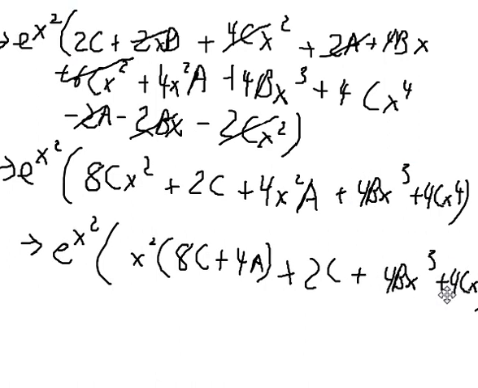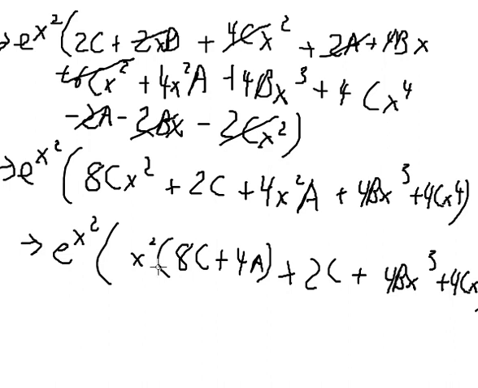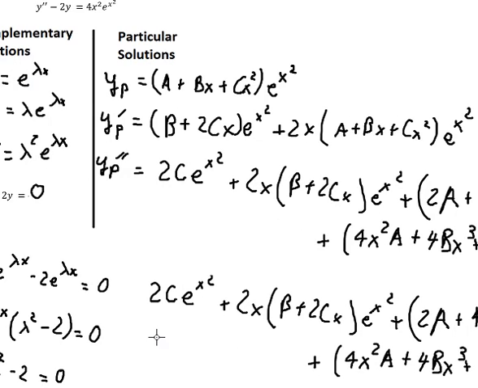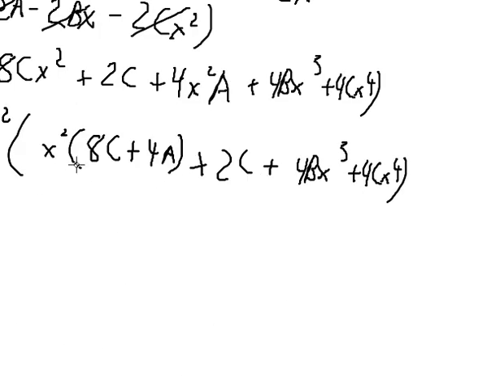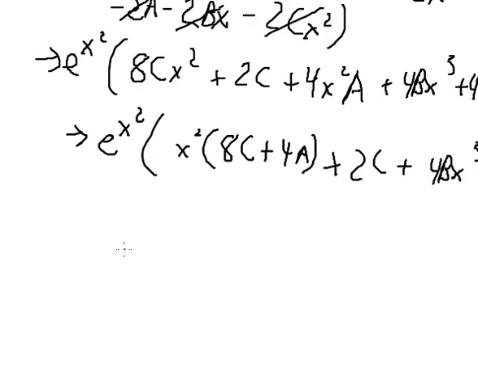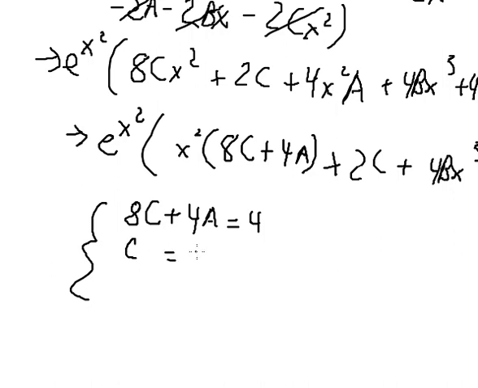So after we got everything, we can see that this is 4s squared e to the power of s squared. That means this one here equals number 4. We don't have s, so c equals number 0.